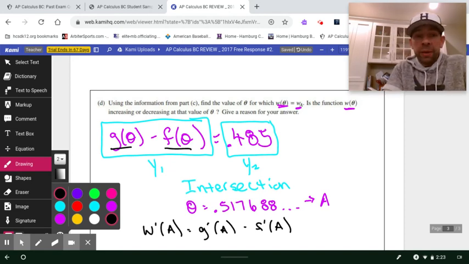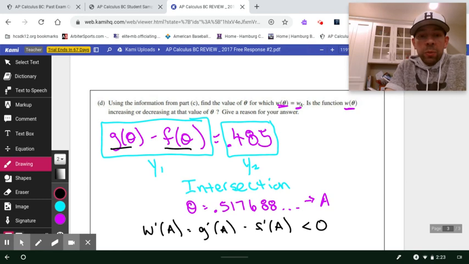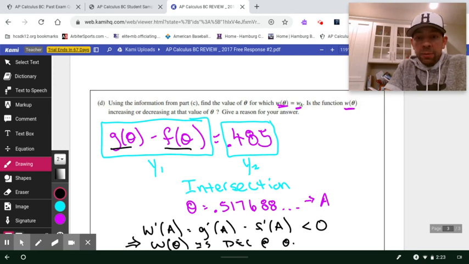And let's see what we get when we do that. Okay, my calculator is giving me a negative answer. So I'm going to indicate that that's less than 0, which implies that W of theta is decreasing at theta equals 0.518, since W prime of that number is less than 0.